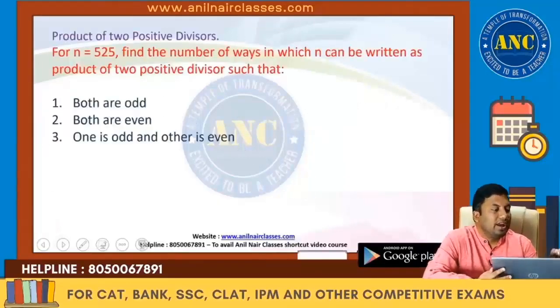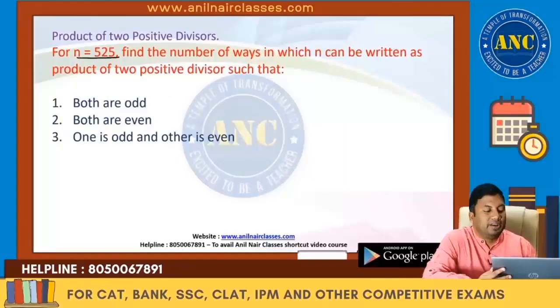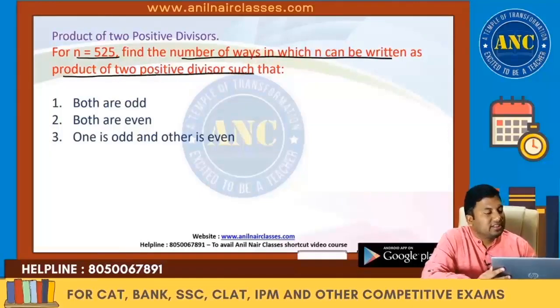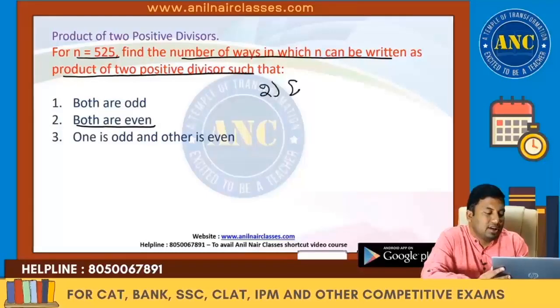Next one. N is 525. Find the number of ways in which n can be written as a product of two positive divisors such that both are even numbers. Second case, even number into even number. Any number multiplied by an even number, the answer will be an even number.